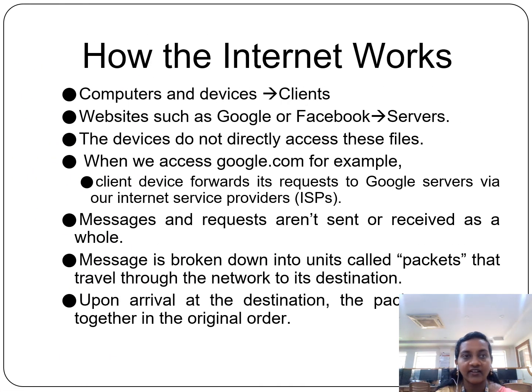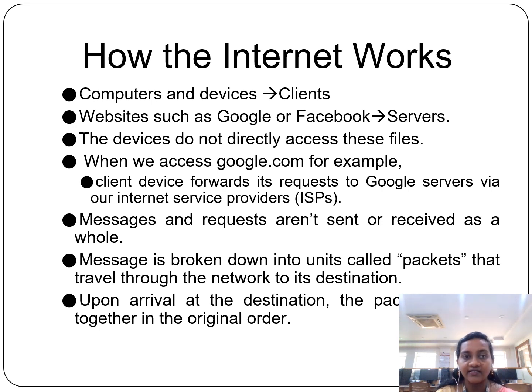This is the explanation of the case study which we discussed in the previous animation. The client devices, the computers, can be considered as the clients, and the destination servers or websites like Google and Facebook can be considered as the servers. There won't be any direct connection between the client and the servers, but indirectly it sends the message through the service providers.